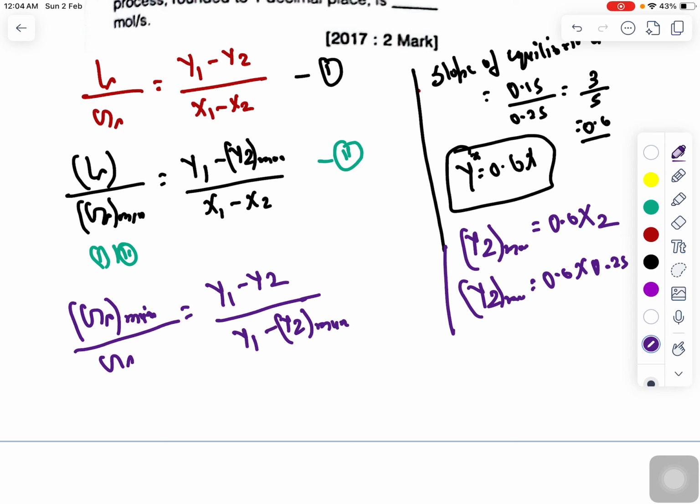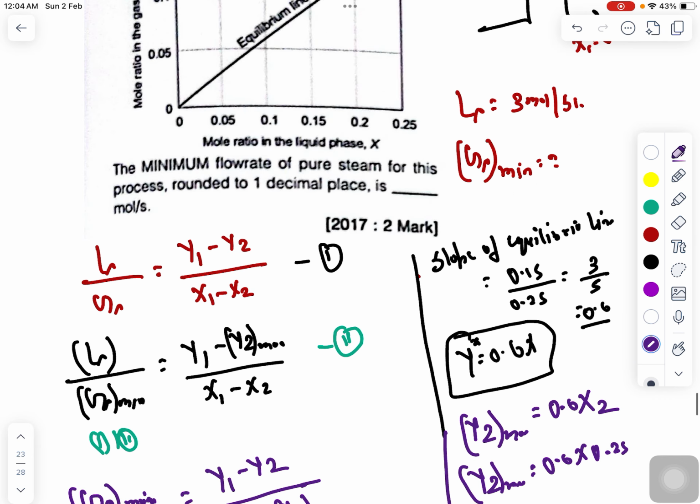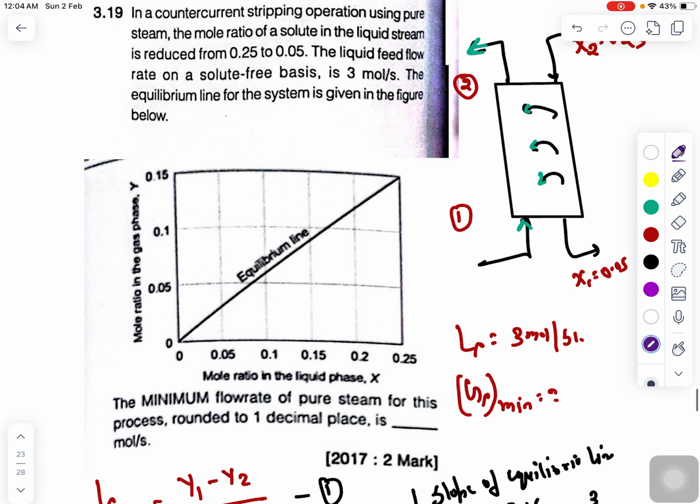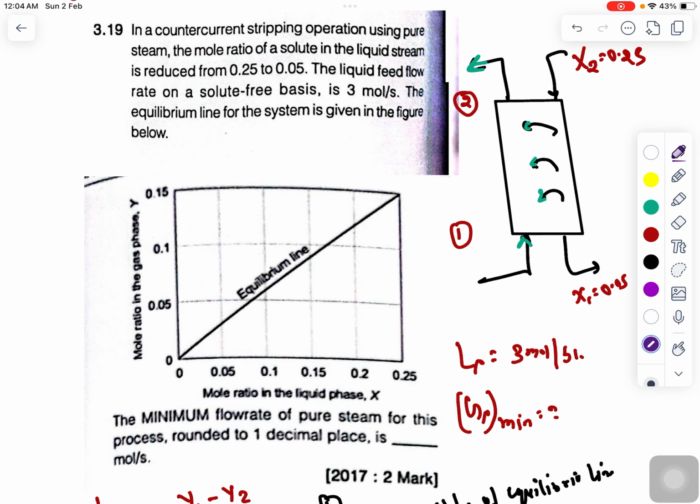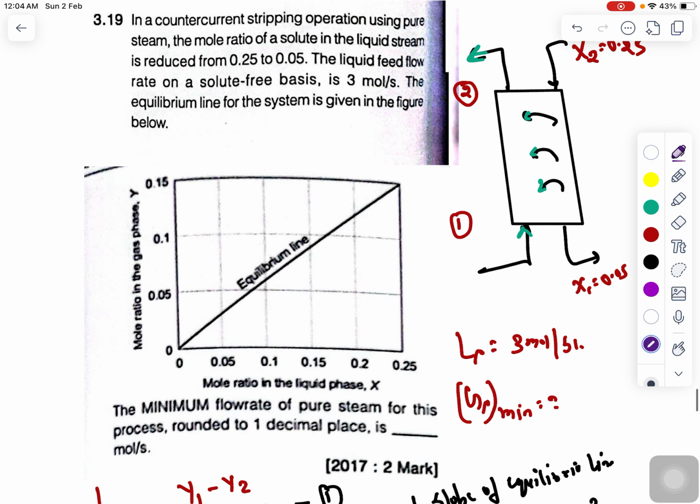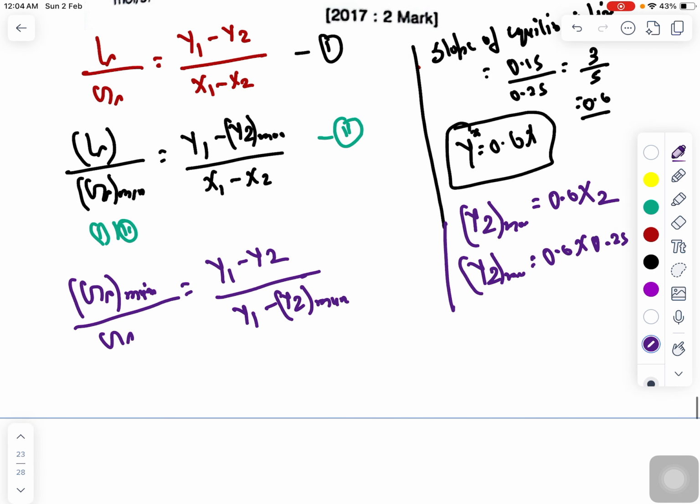So y2 max we have already calculated, and now the question is how can we calculate the value of y1? Here you can see that y1 will be 0, because the liquid stream is free of solute. So y1 will be 0.